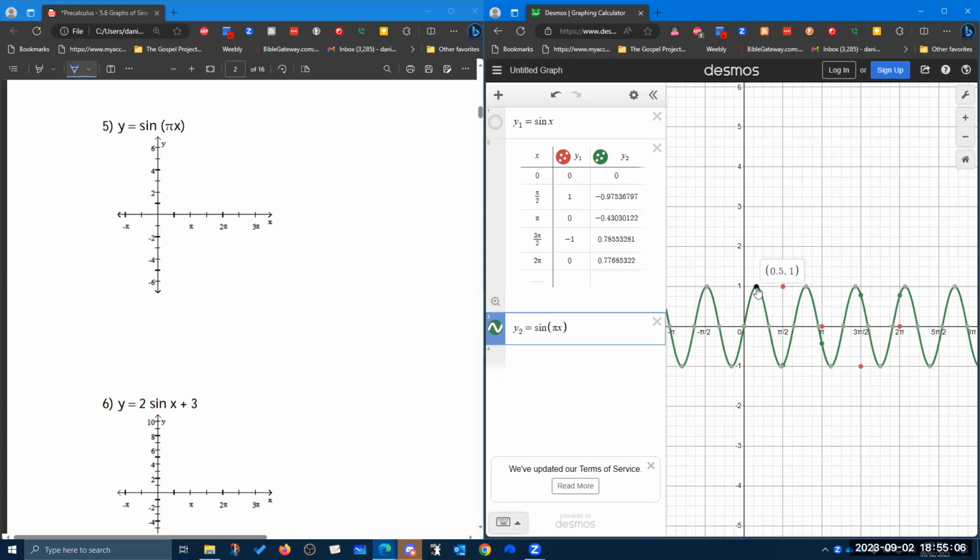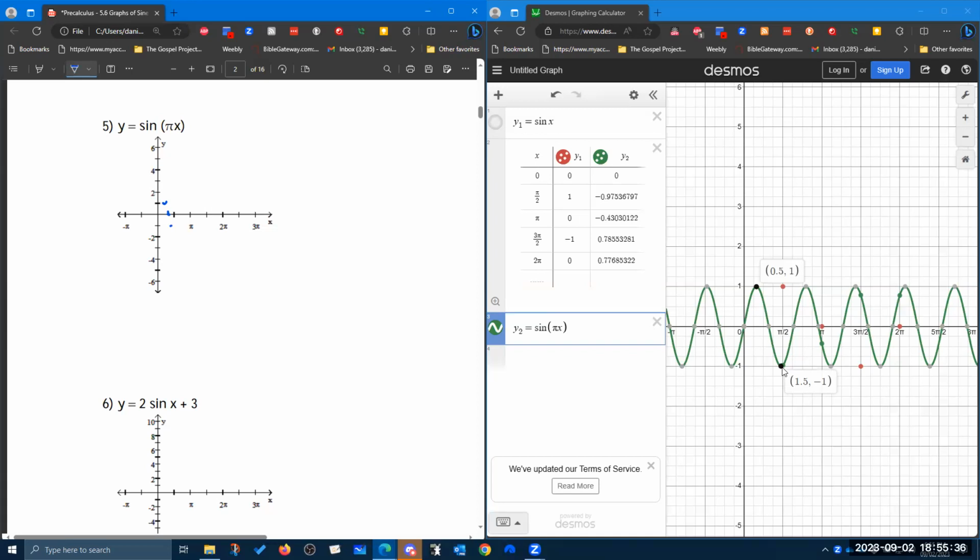Like I was saying, it's really hard to graph that exactly, but you're getting something like so. It's like that, and then down here, then not quite at pi over 2, and so on and so forth.